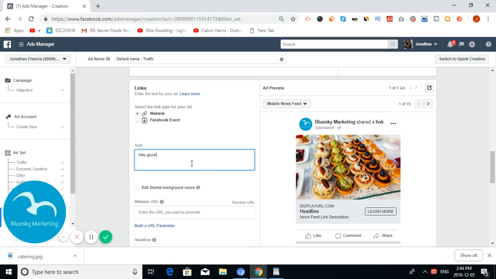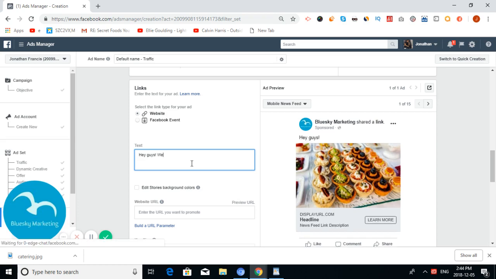Hey guys, we have an exclusive offer for you. And remember, the ad is showing to people who are in our targeted niche, or in our targeted market. We select the people who are into food, who are into foodie, who don't like burgers, who are within 25 miles of our area. So you could really get personalized whenever you write your ads.